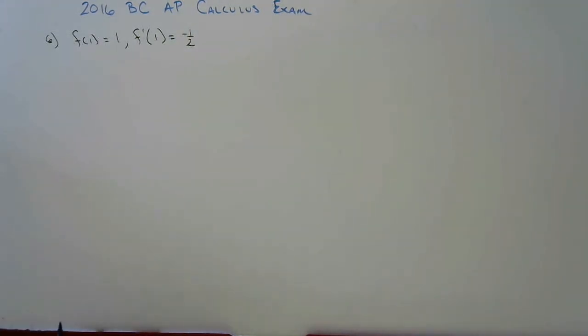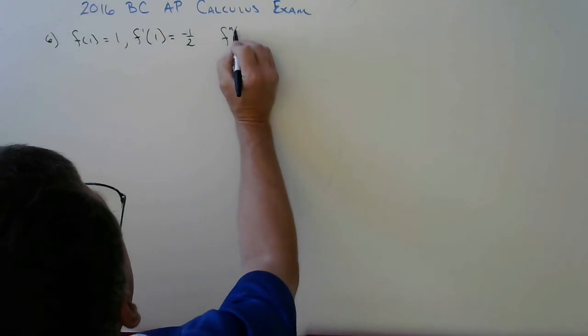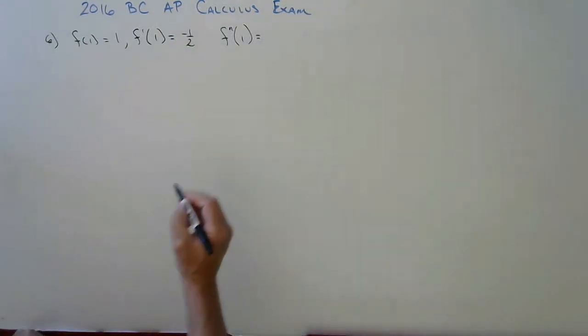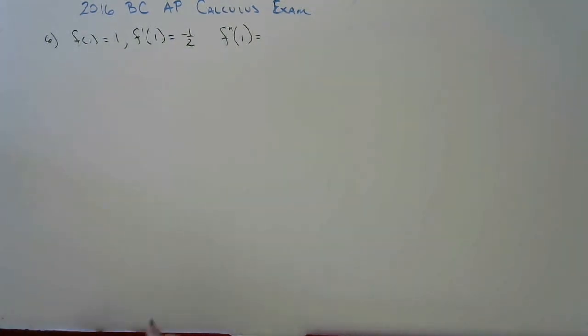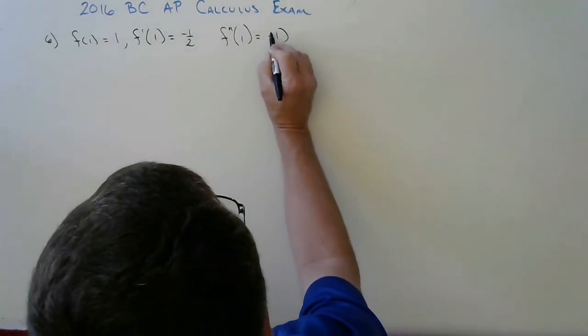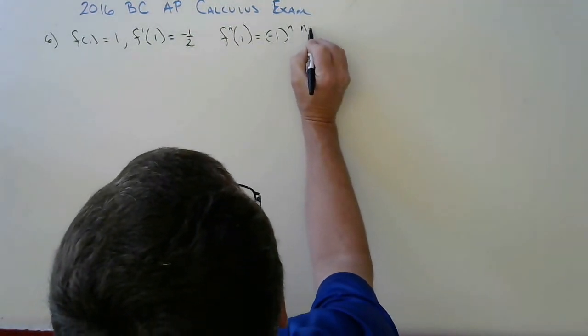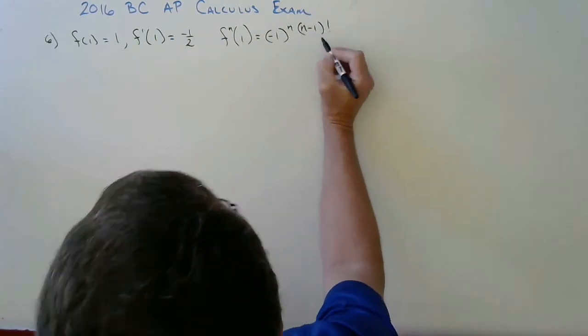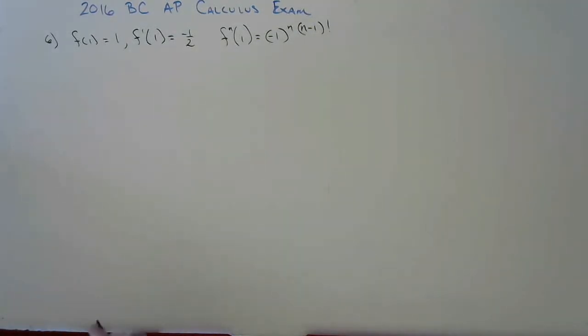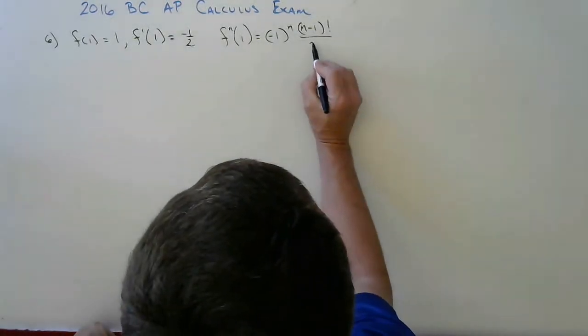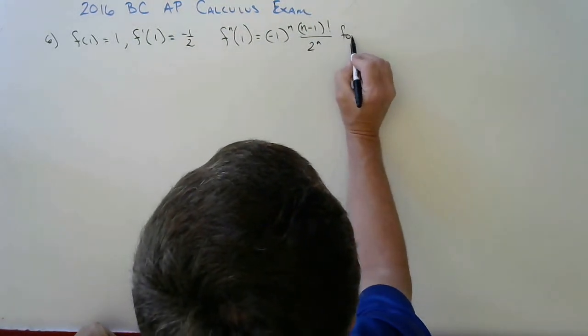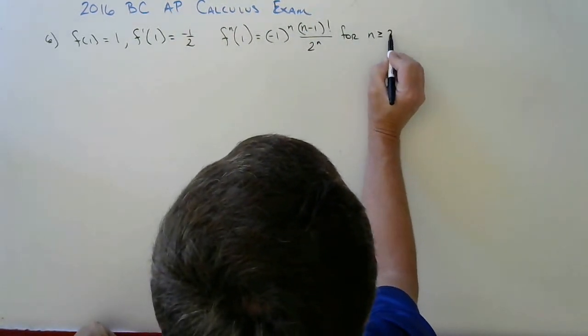And the nth derivative at 1 is given by negative 1 to the n, times n minus 1 factorial, all over 2 to the n, for n greater than or equal to 2.